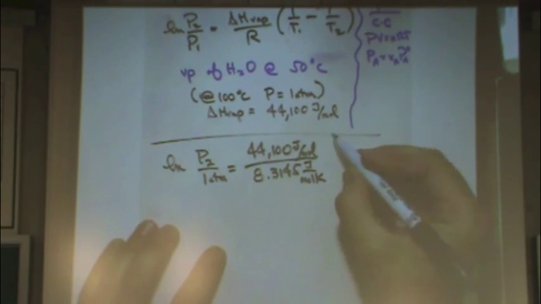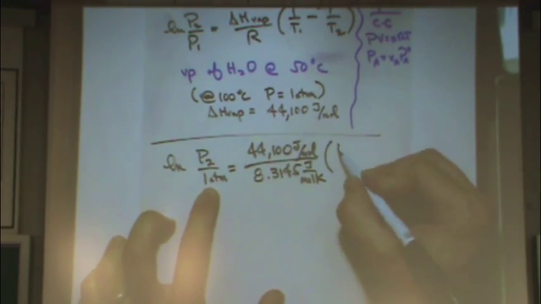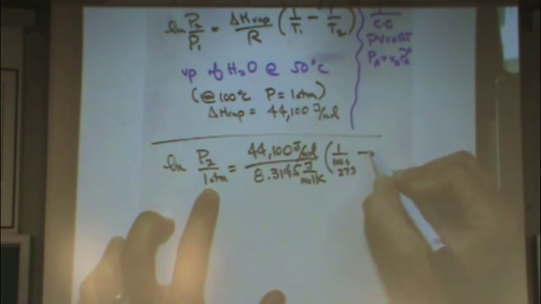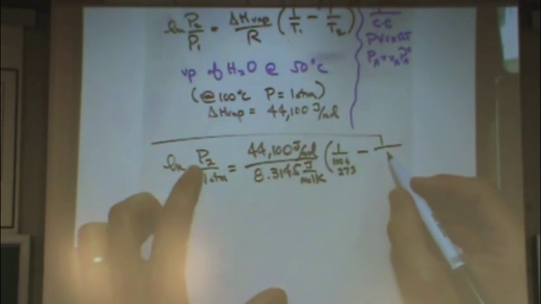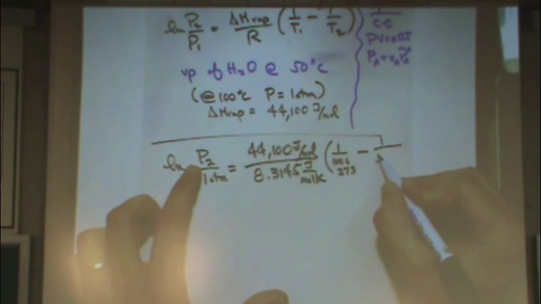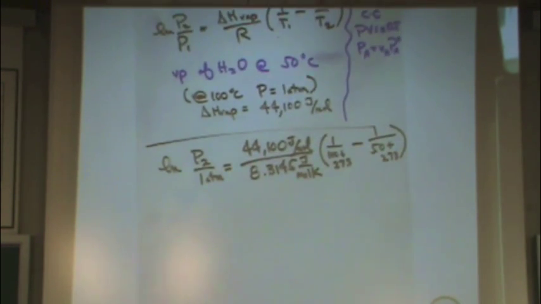Okay. Then you go 1 over T1. That goes with P1. So 1 over 100 plus 273, or 373. Then 1 over T2, we're curious about 50 degrees, so 50 plus 273. And solving that should get your answer. I just made it up, so I don't have an answer.